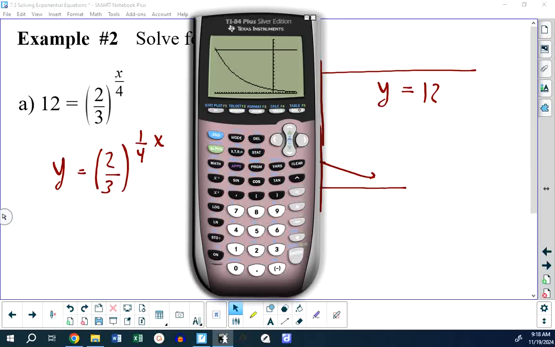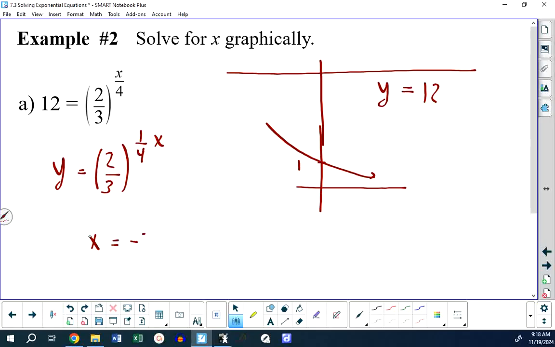Anyway, it's there. We can find the solution to this equation, calculate, intersect. It's approximately negative 24.5. That's the best we can do here. So I'll put a little dot over the equal sign to mean approximately.